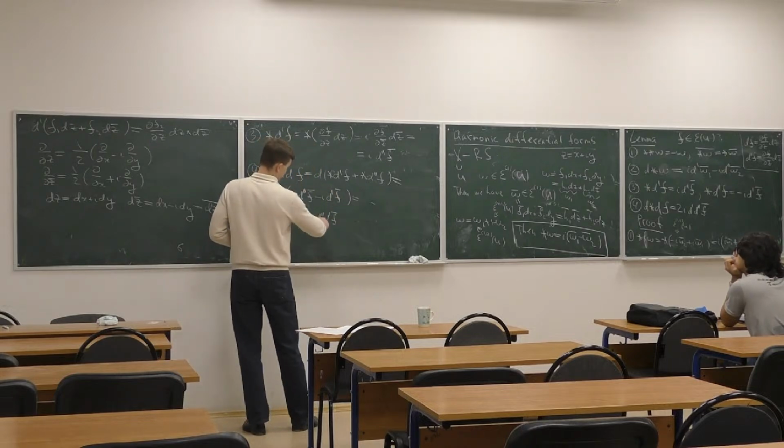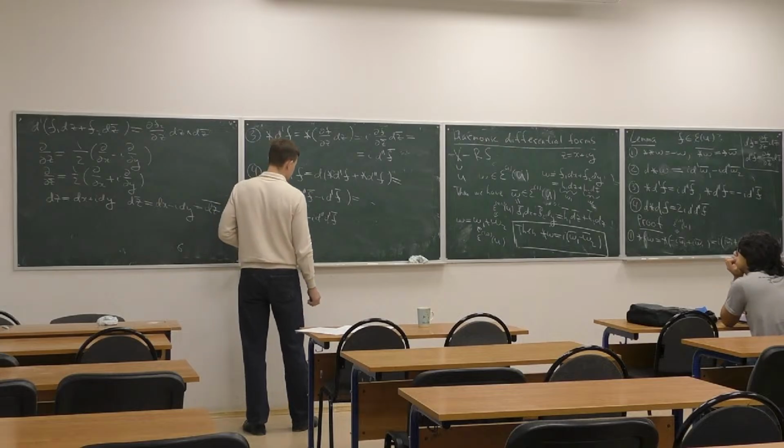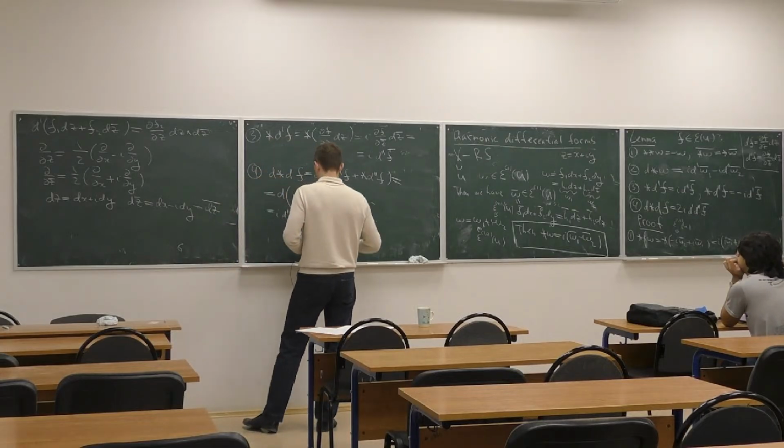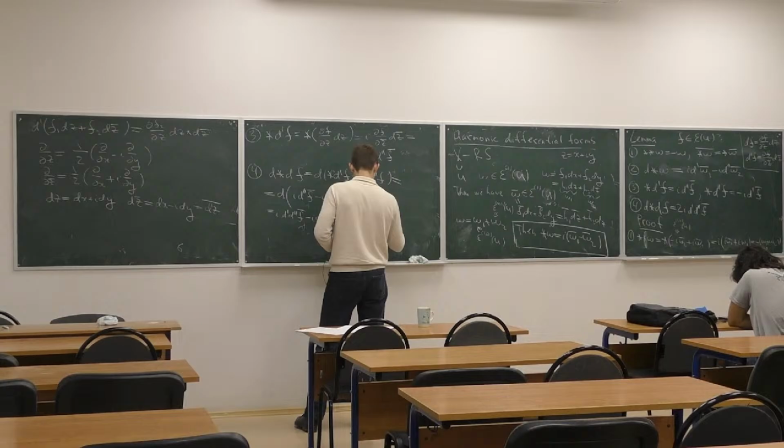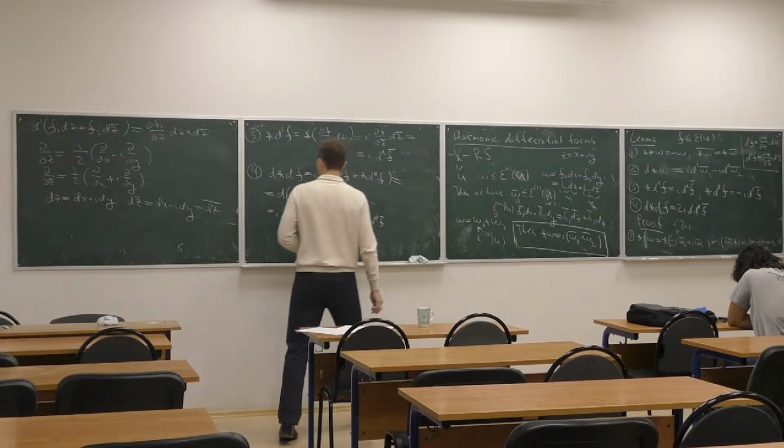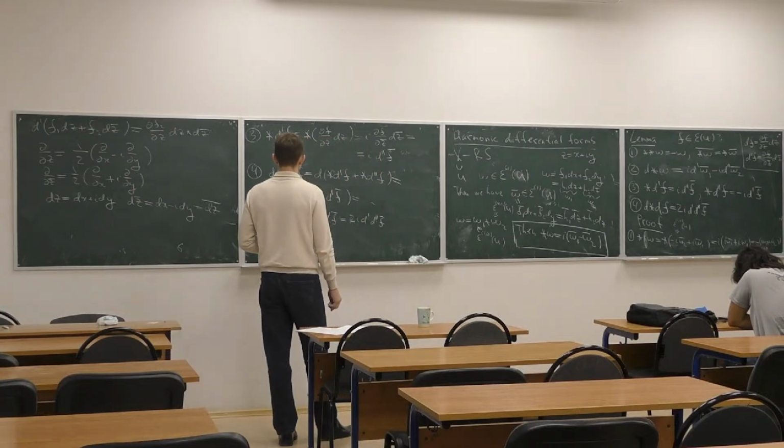And of course d prime and d double prime anti-commute, so you then get 2i d prime d double prime f bar.